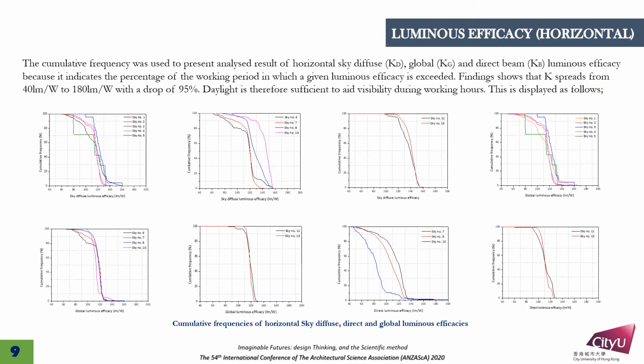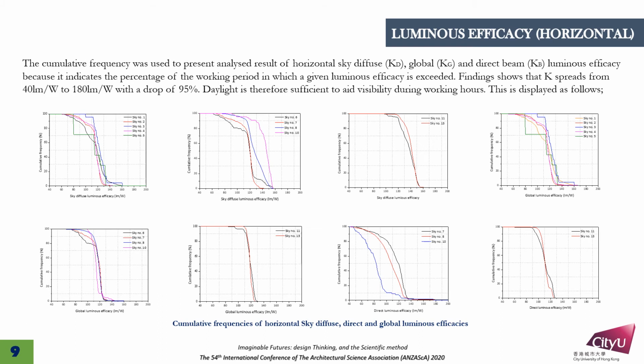Upon determination of the 15 standard CIE skies, we determined the horizontal luminous efficacy under each of these skies. The figure below shows the cumulative frequency of the horizontal sky diffuse, direct, and global luminous efficacies. The cumulative frequency was used to represent the analyzed results because it shows the percentage of working period in which a given luminous efficacy is exceeded.